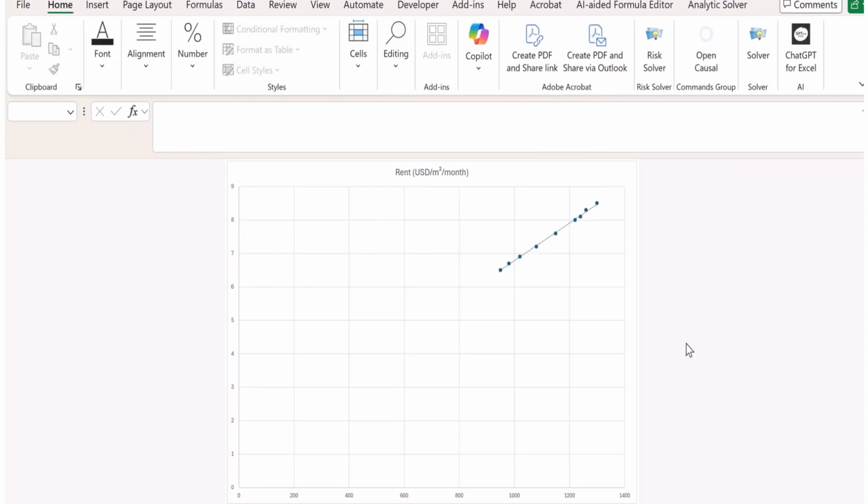So we can see there is a positive slope because both variables are moving together in the same direction. So as the rate of the price per square meter increases, so does the price of the apartment, obviously, because that's how the apartment price is calculated.